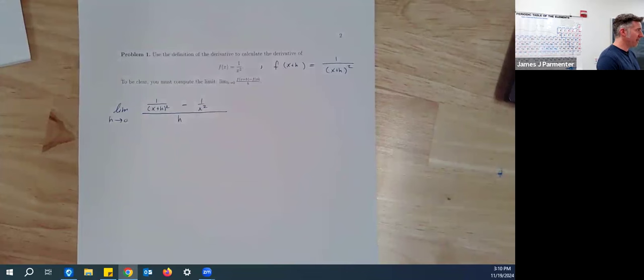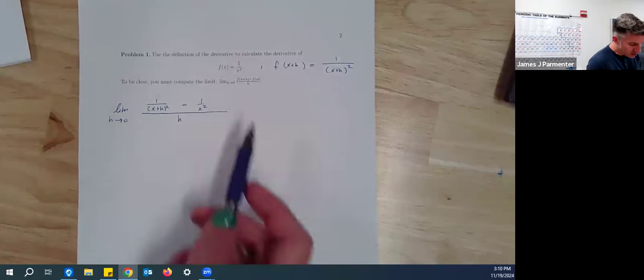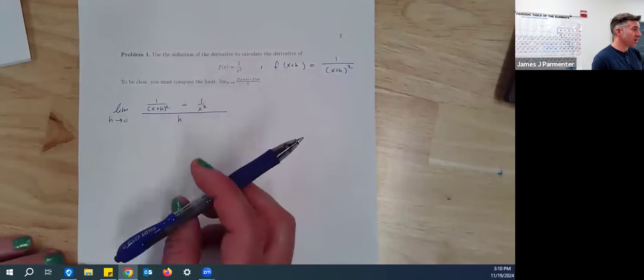When you're doing one of these limit definition of the derivative problems, your ultimate goal is always to cancel out that first h that's in the bottom. The intermediate step is to cancel out the not h things in the numerator. For fractional ones like this, we have to get a common denominator.